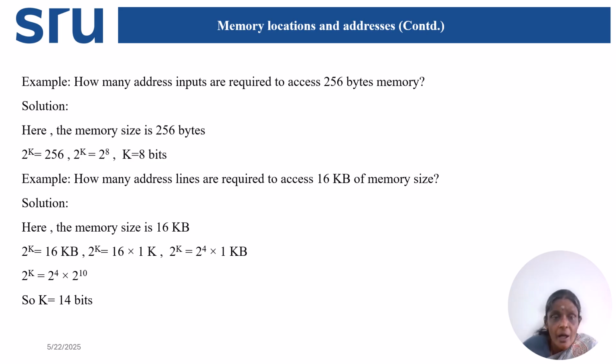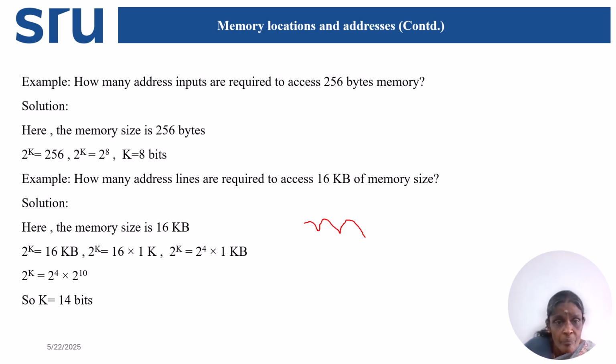In the same way, how many address lines are required to access 16 kilobyte of memory size? So 16 means we know that 2 power 4 is equal to 16. 2 into 2 is 4, 8, then 16. So 2 power 4, k equal to 4.